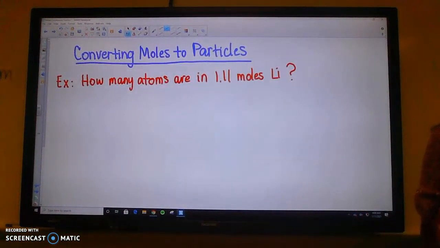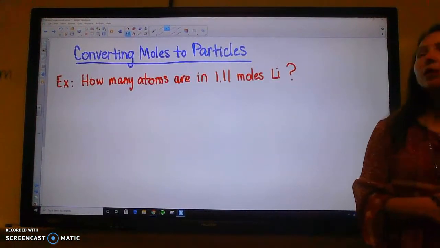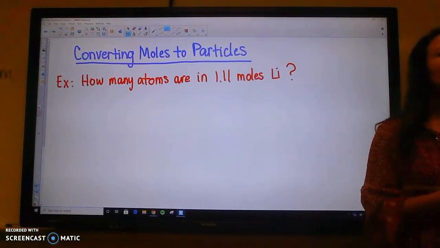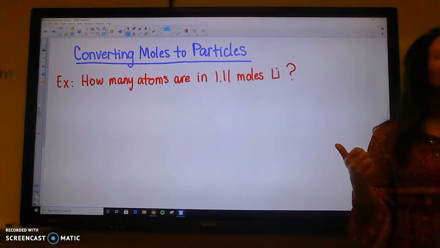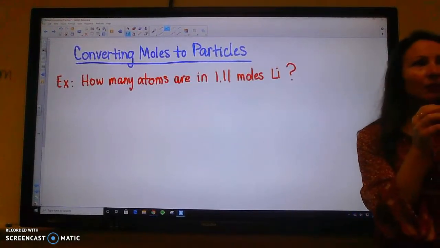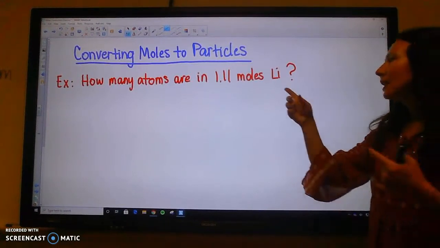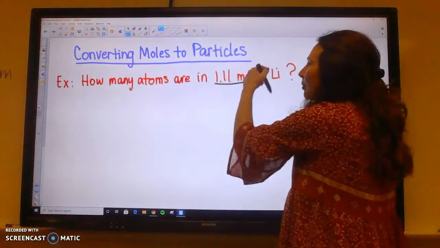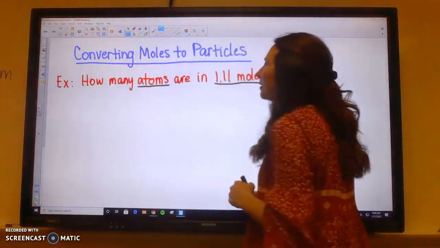As you're copying this, I want you to notice that this is just a word problem, and we are given a quantity of 1.11. The word that follows the number given is your unit. So this is giving us moles, and then we're going to have to solve for atoms.